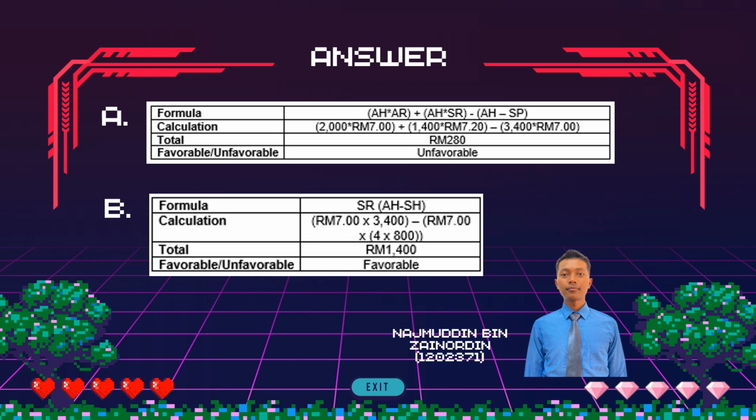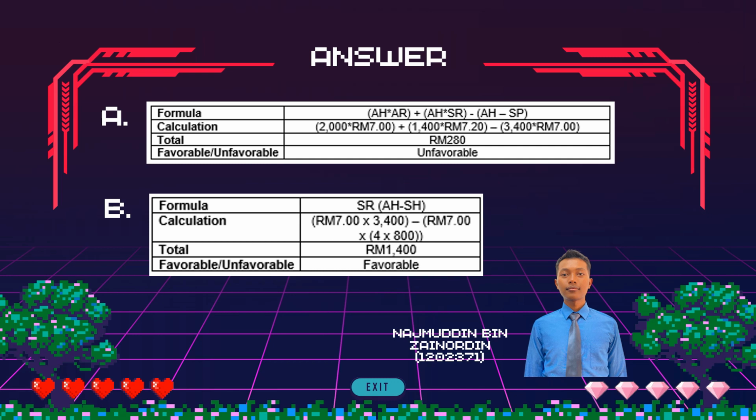First, we have to calculate 2,000 hours times the standard rate, which is RM7, plus the overtime rate, which is RM7.20, times 1,400 hours, minus actual hours, which is 3,400, times the standard rate, which is RM7, and we get the total RM2,080.